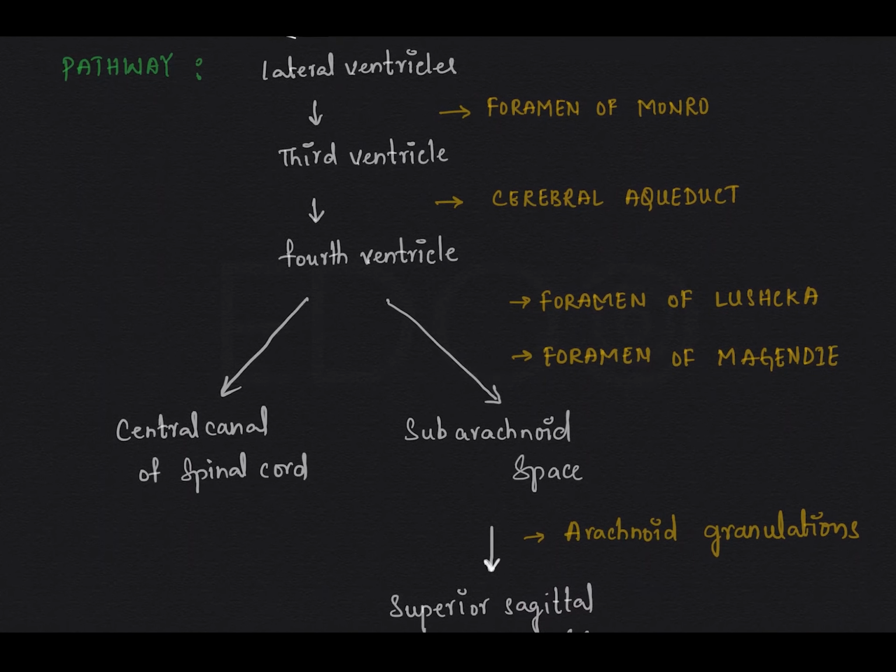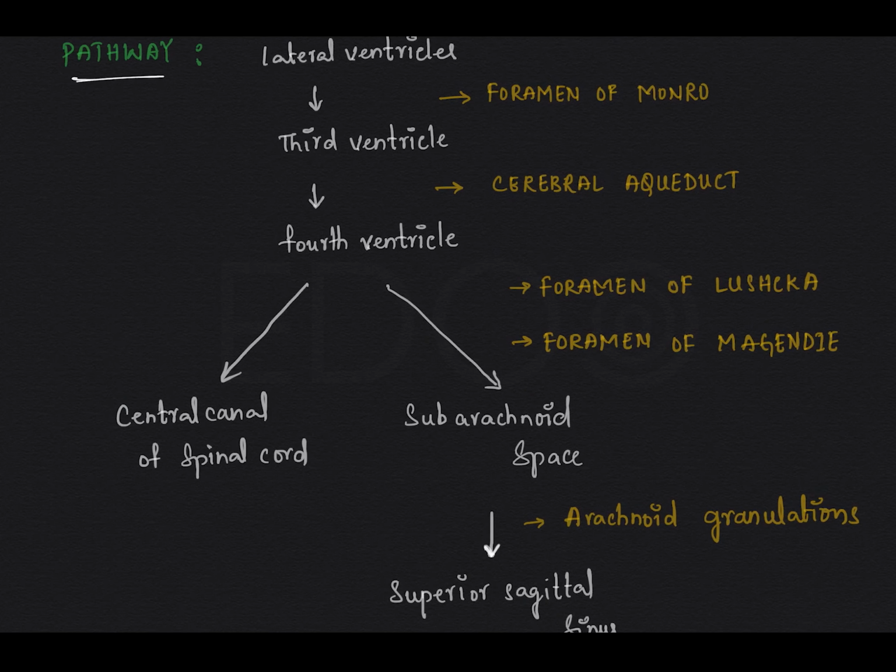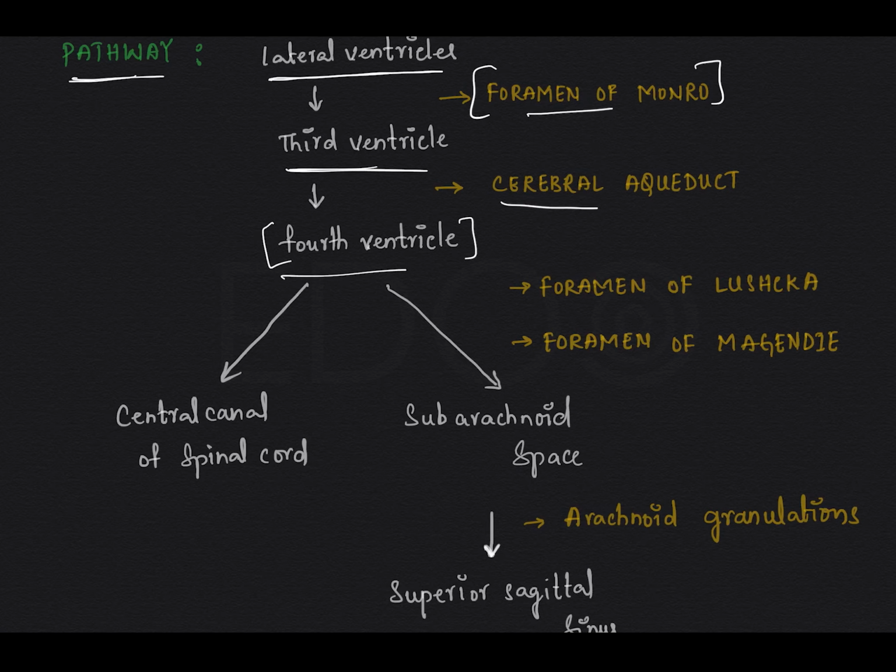So let's look the pathway of CSF. So first it is produced in the lateral ventricles, then it drains into the third ventricle by means of foramen of Monro, or it is also called as interventricular foramen. Then from the third ventricle it drains into fourth ventricle by means of cerebral aqueduct or aqueduct of Sylvius.